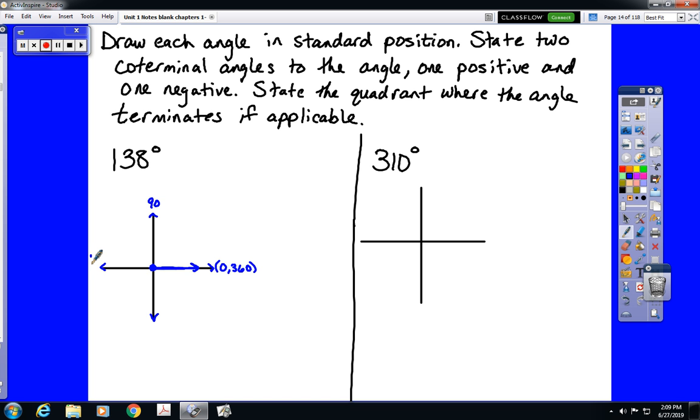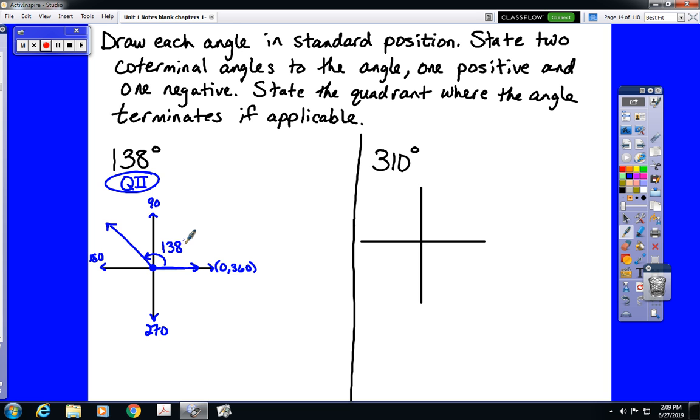Well, if it's 138 degrees, that's between 90 and 180. So I draw my terminal side in quadrant 2. And by the way, I have to state that somewhere, so we might as well do that now. That terminates in quadrant 2. We need a label showing that it's a 138-degree angle. That takes care of drawing it in standard position and stating the quadrant.